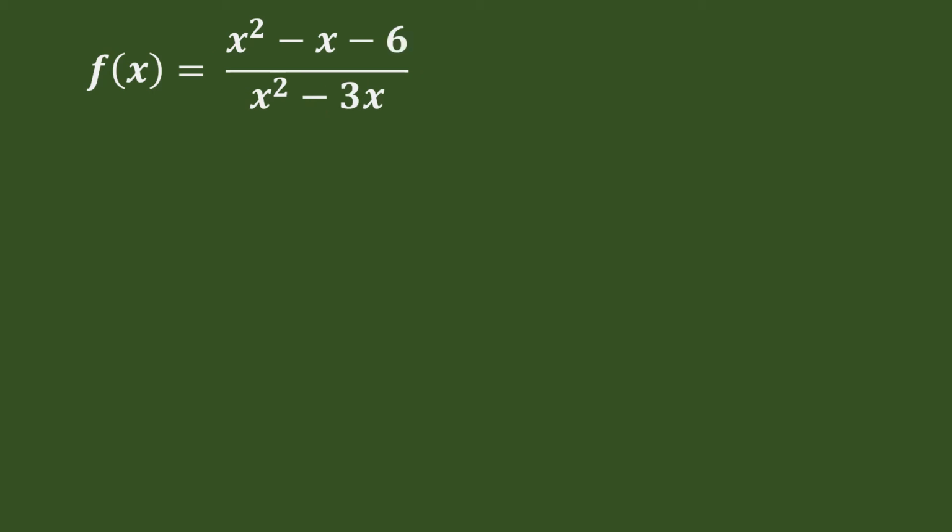Okay, we have our third example. It's better to identify if there is a restriction in a given rational equation. So let us factor this one. We will have (x - 3)(x + 2) over x(x - 3). Now note this one, the value of x should not be equal to positive 3.